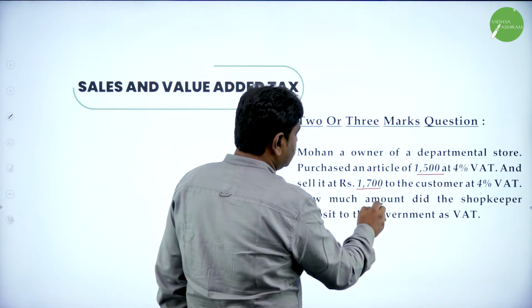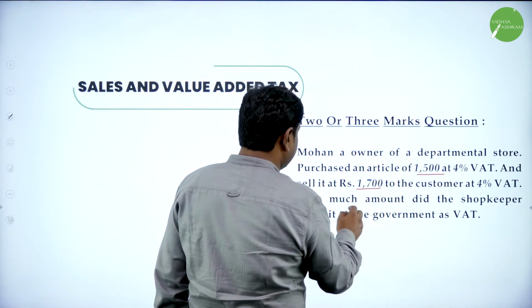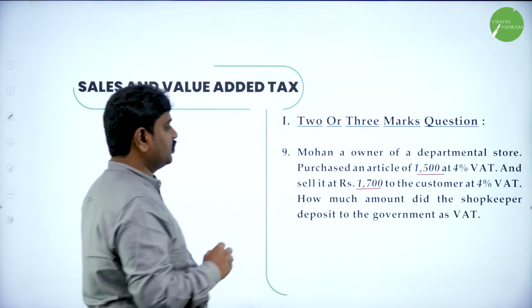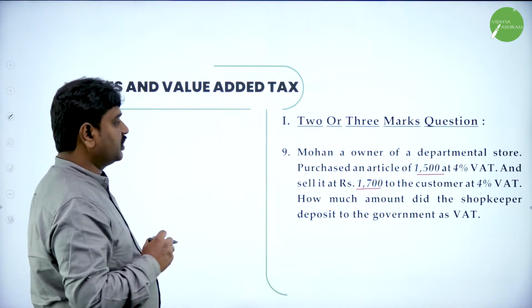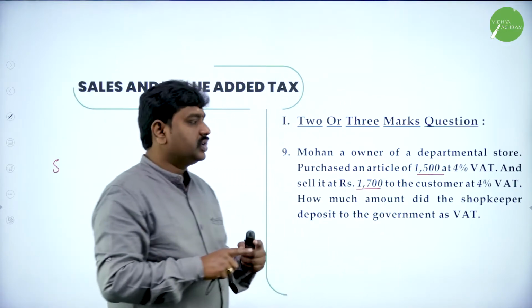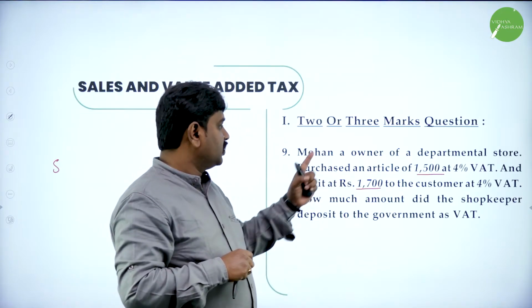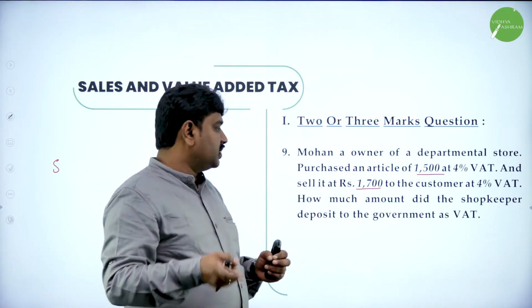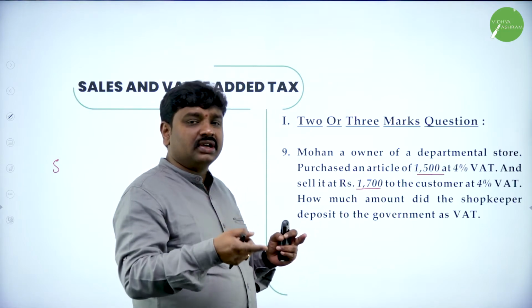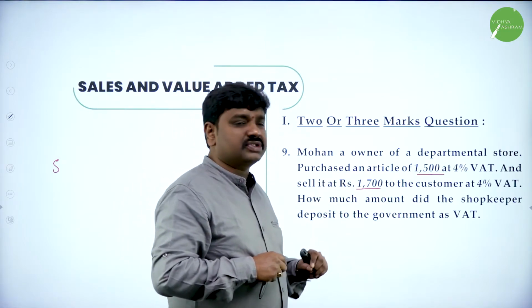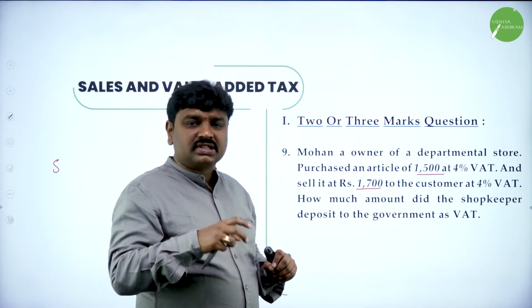For how much amount did shopkeeper deposit to the government? So now shopkeeper totally how much he deposited? Okay, first Mohan is the owner, that is shopkeeper. He'll first pay 4% of 1500. Then he'll collect it from the customer and customer will pay 4% of 1700. He'll collect it, his amount, and he'll pay.